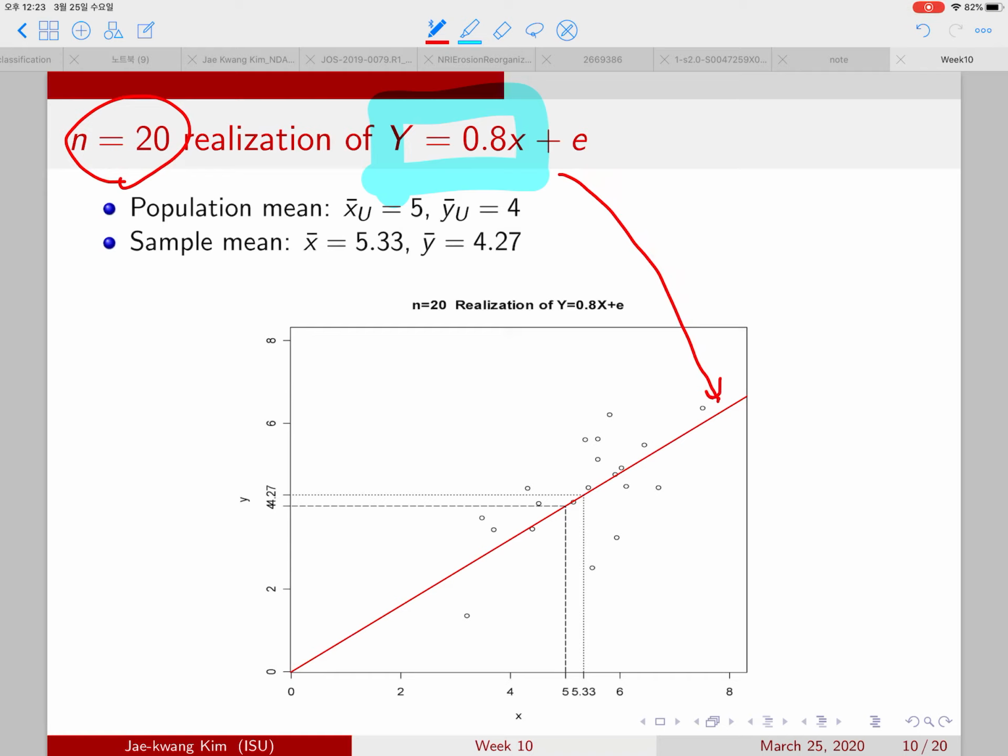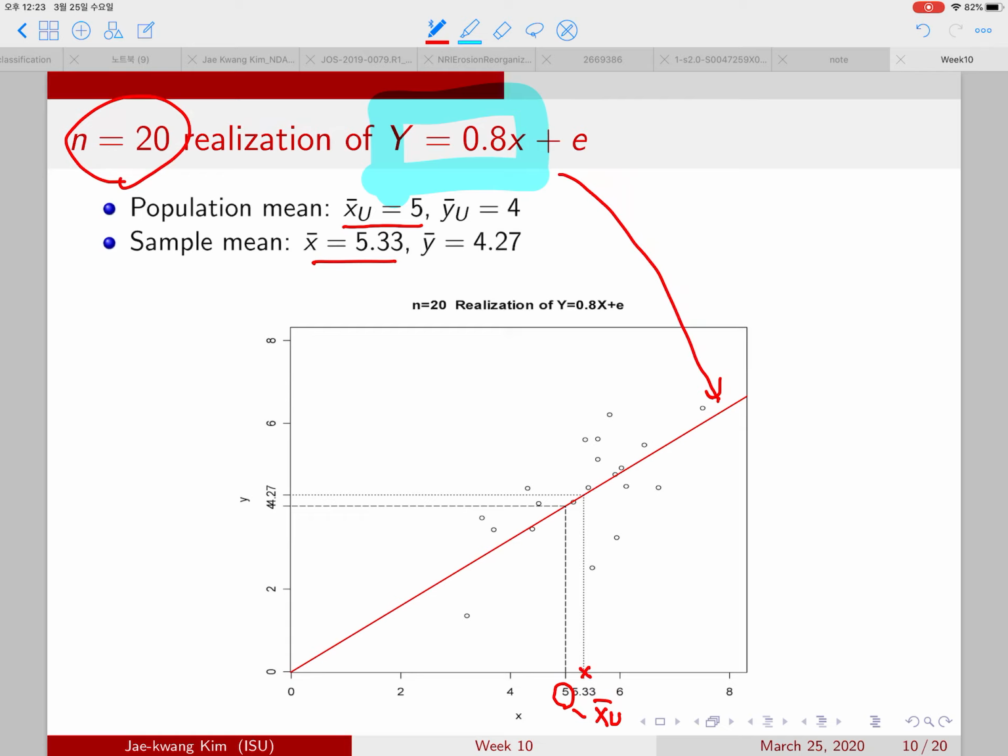Now the population mean of x, x bar u, is 5. But in the sampling, your sample has a mean of 5.33.